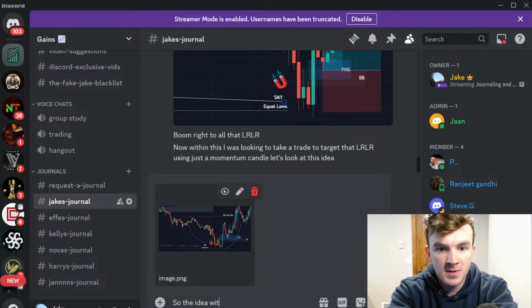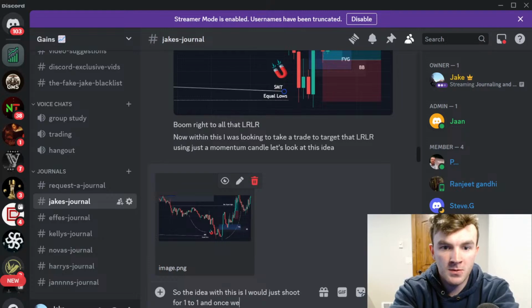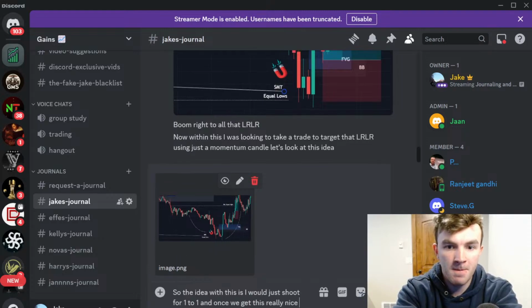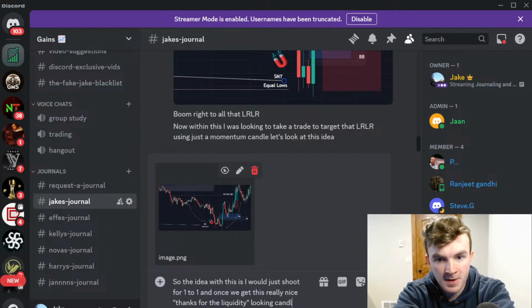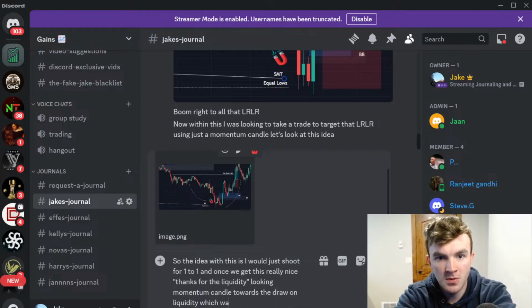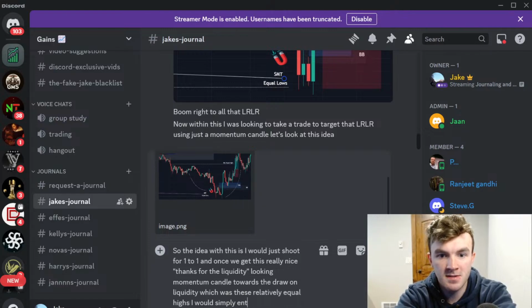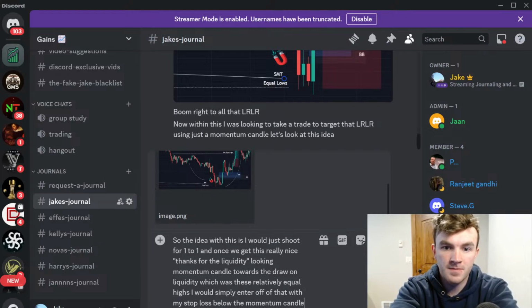So the idea with this is I would just shoot for 1 2 1, and once we get this really nice liquidity looking momentum candle towards the draw on liquidity, which was these relatively equal highs, I would simply enter off of that with my stop loss below the momentum candle.